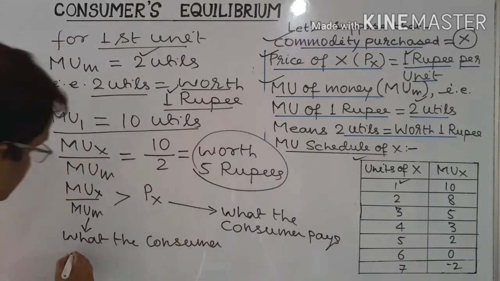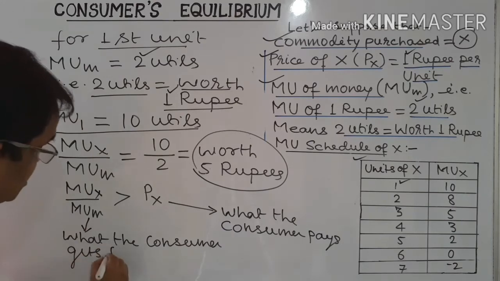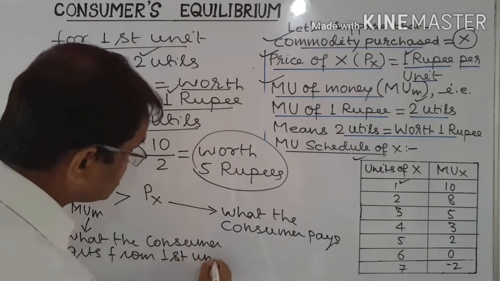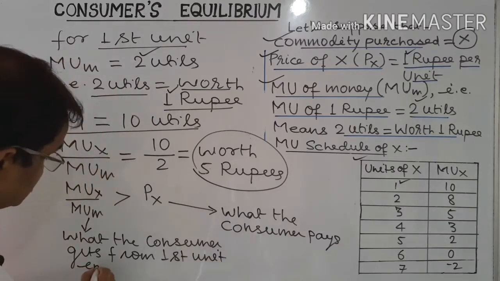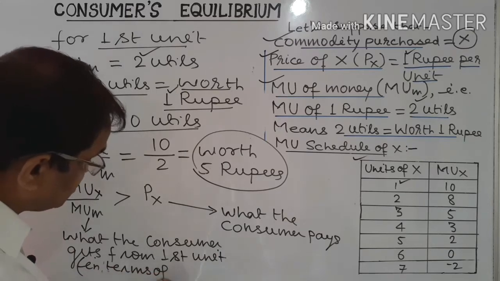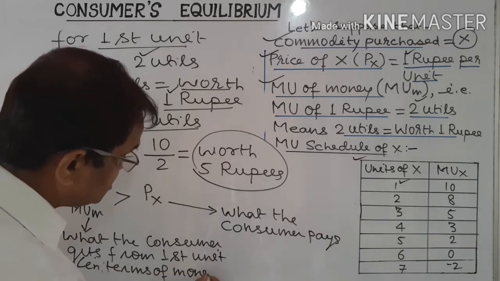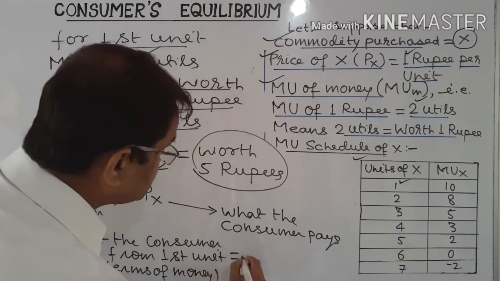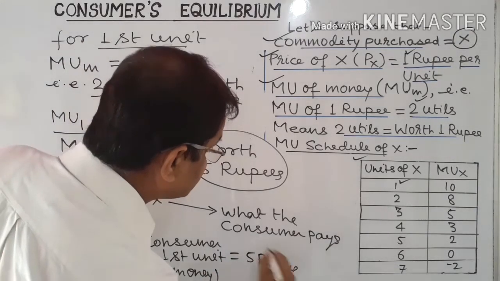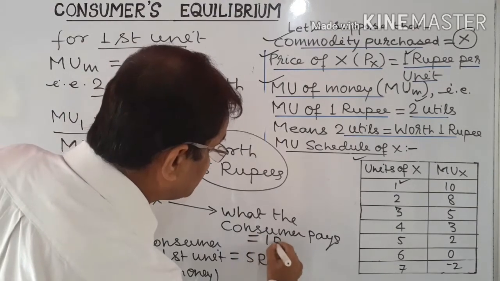So the consumer gets from the additional unit, मतलब उस फर्स्ट यूनिट से वो कितना सेटिस्फैक्शन मिलता है या कितना उसको लेता है इन टर्म्स ऑफ मनी, मीन्स मनी के टर्म्स में. What is this? This is equal to 5 rupees. 5 rupees is the satisfaction, and that is compared with 1 rupee.